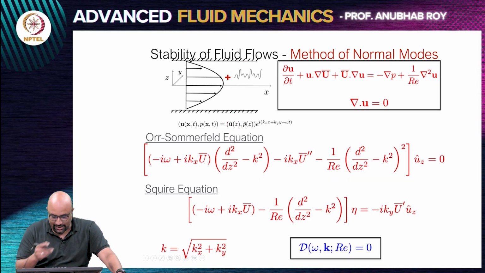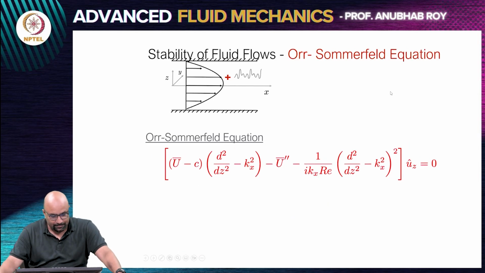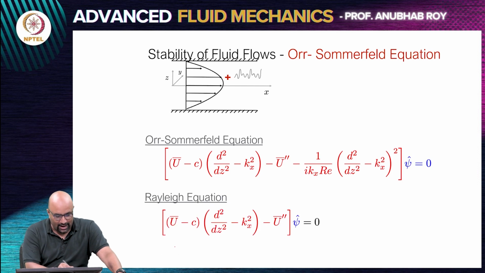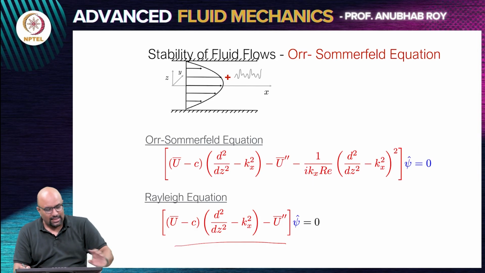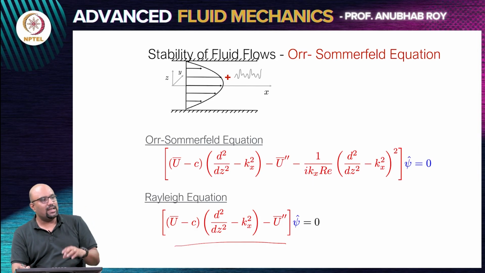Which basically takes us to a dispersion relation. Now, you can also do this by considering viscous effects to be negligible. If viscous effects are very small and you are doing a 2D problem, then you arrive at a second order differential equation which is known as the Rayleigh equation. These equations are all linearized versions of your Navier-Stokes or Euler's equation.